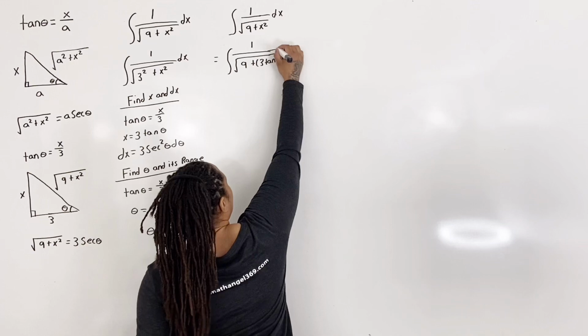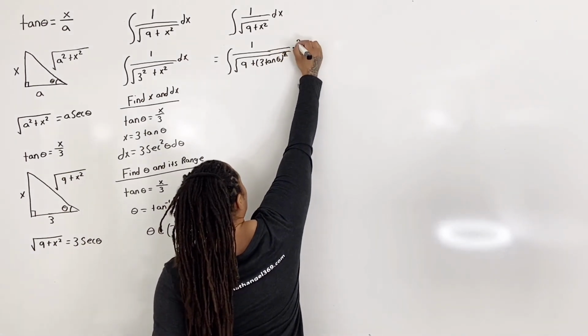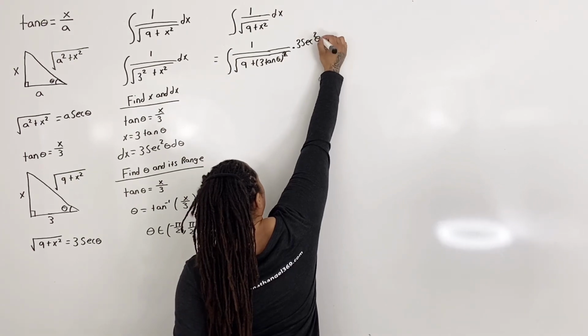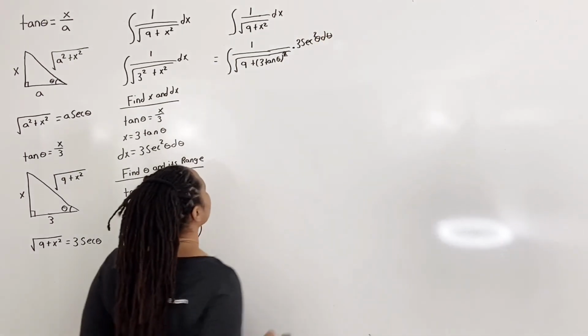So that's times 3 secant squared theta d theta.